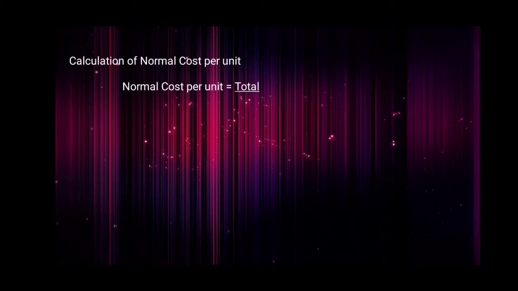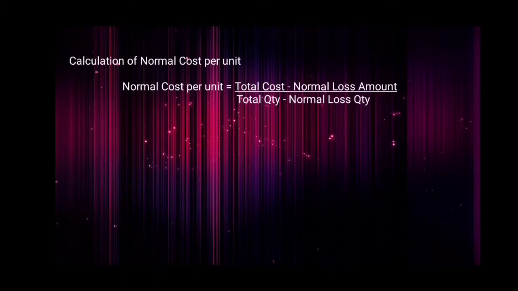So calculation of normal cost per unit. Normal cost per unit is equal to total cost minus normal loss amount divided by total quantity minus normal loss quantity. So let us prepare working note number 1.